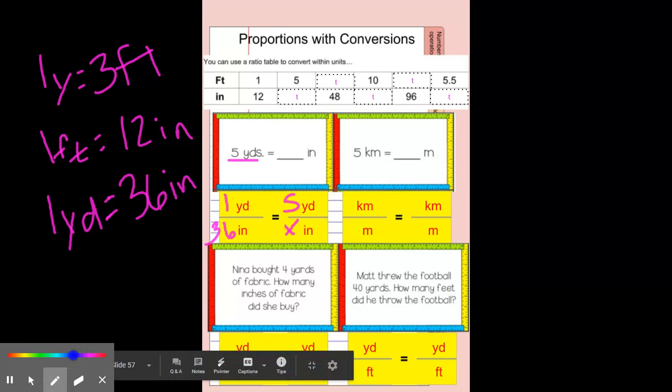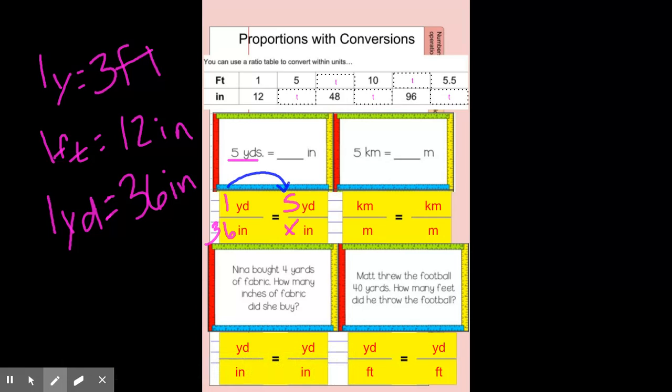So 1 times what is 5? Well, 1 times 5 is 5, right? So on the bottom, I'm going to do 36 times 5. 5 times 6 is 30. 5 times 3 is 15, plus 3 is 18. So 180 inches is our final answer.